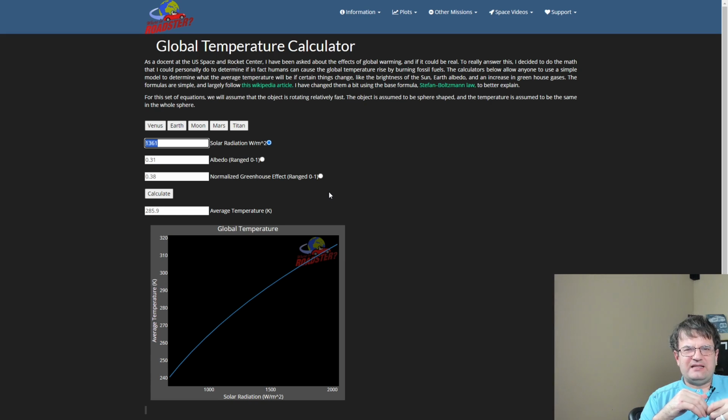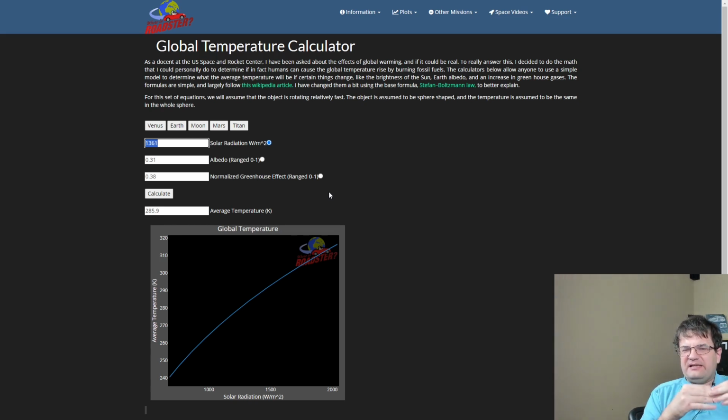It never hits the ground, never is absorbed in any way. And this will vary planet by planet, but the moon is going to be a little bit darker, so this number will be a little bit lower, and we'll see that in just a moment.